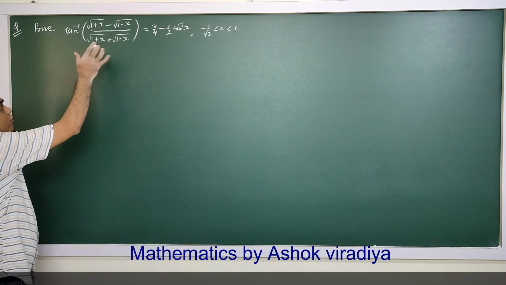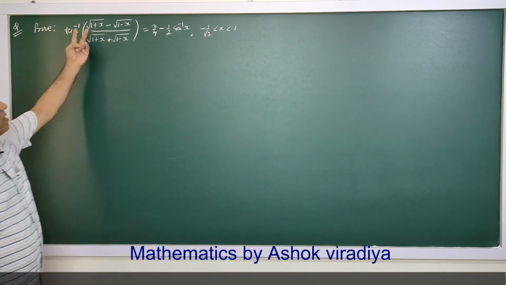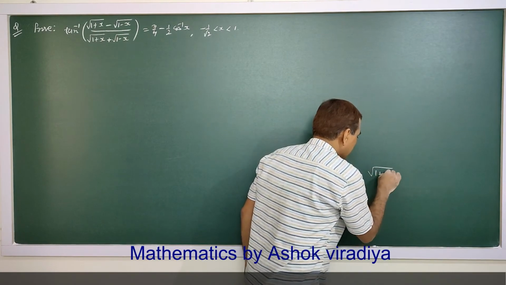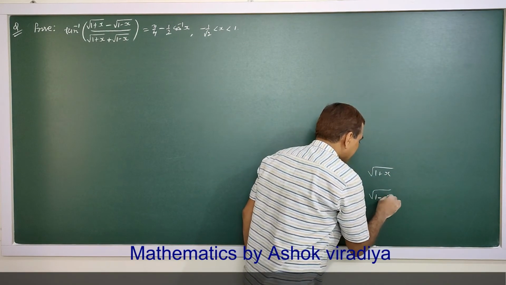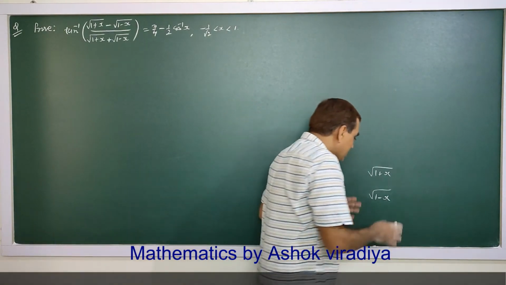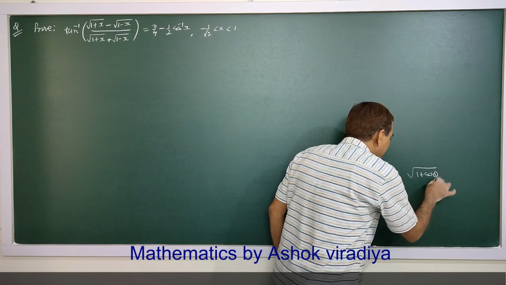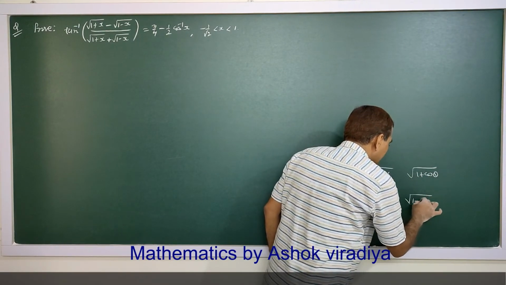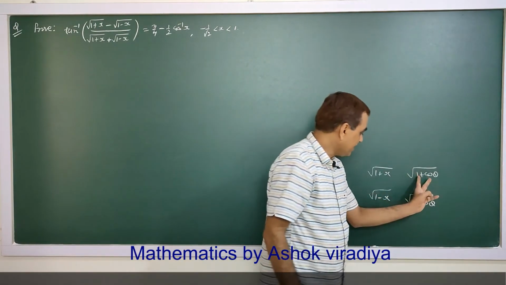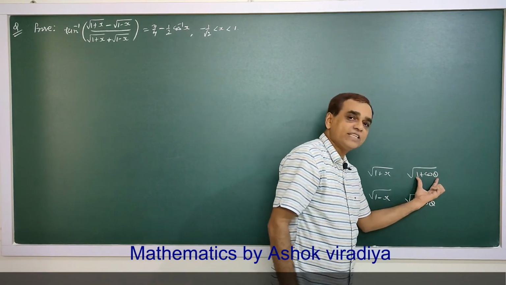Say, to prove this question, observe the left hand side. In the left hand side, observe this inner part. In the inner part, inside the radical sign there are two types of expressions, root 1 plus x and root 1 minus x. And observing this inner part, these numbers, you can see that we are having matching of these expressions. 1 plus cos theta, if we keep here x equal to cos theta, it gives 2 cos square theta by 2.